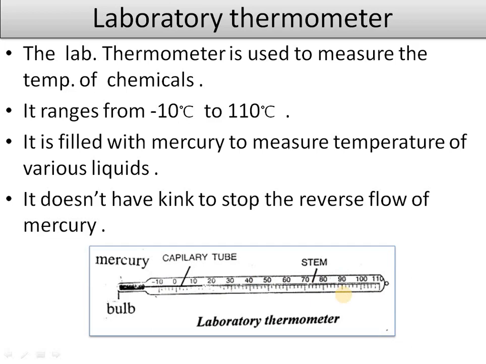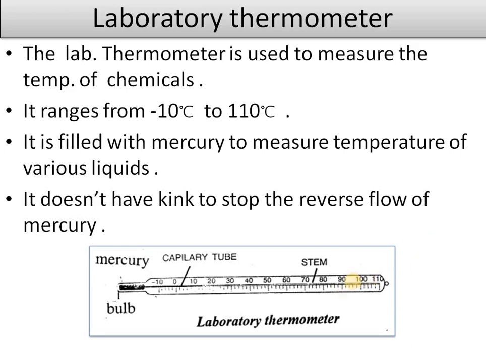Okay, nowadays we are using digital thermometers. Why are we using digital thermometers? The reason is very simple. In case you are not handling these glass-made laboratory or clinical thermometers properly, then the mercury which is filled inside will come in contact with the environment and mix in with air. If you inhale it in a large amount, you may suffer from some respiratory problems. That's why.